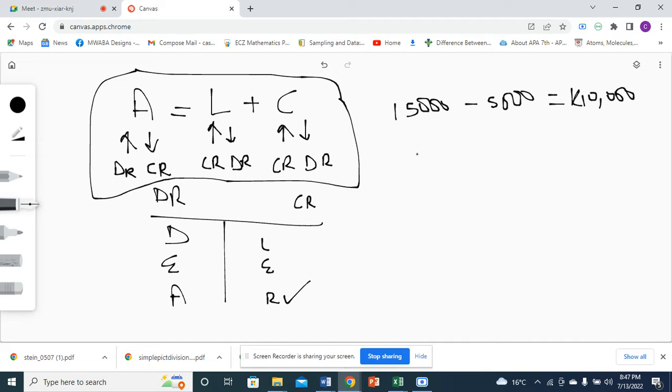So the general entry is we debit the bills payable, or just the bills account, because they haven't been specific, it was a water bill or an electricity bill, but it's a bill and it's an expense, and expenses are debited. And we're going to credit the cash account because cash is an asset, and a decrease in an asset, you're going to credit.